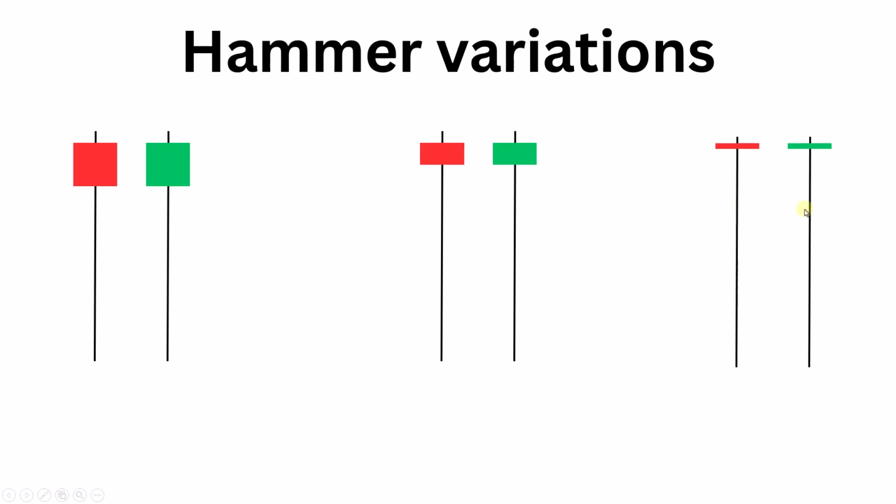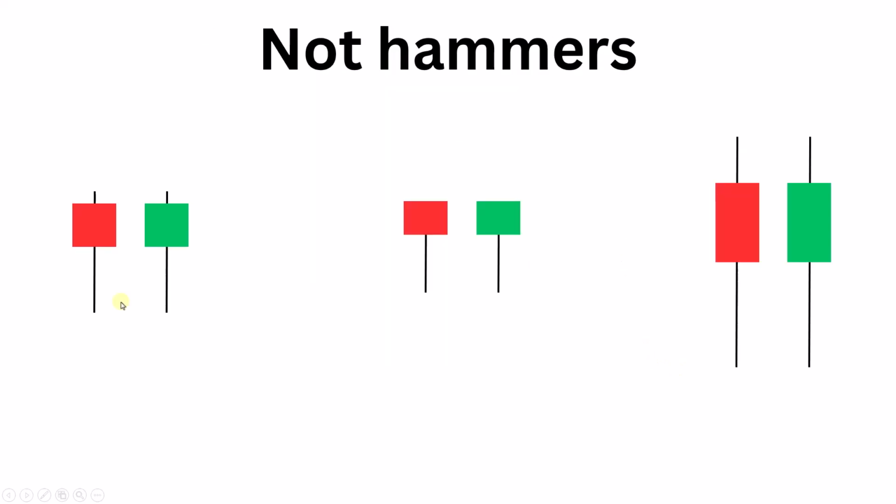These are also considered to be hammers. Okay, so we have small body, very long wick, which indicates buying pressure. Of course, this has a different doji name which we will see later, but we consider this as hammer too. Okay, next, these are not hammers.